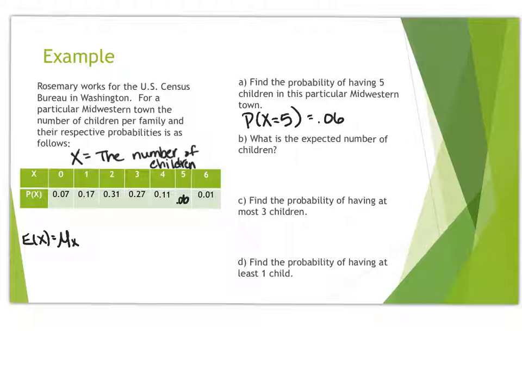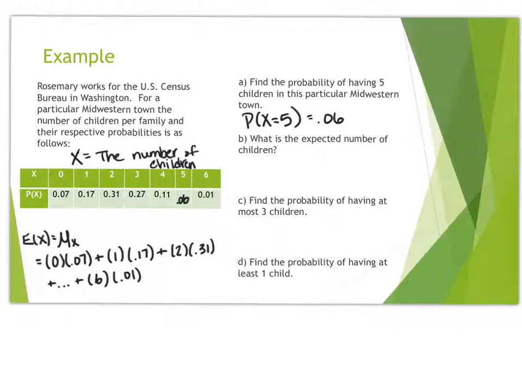This mean, mu of X, is equal to: you take each X, so take the first X, 0, and multiply by its probability, 0.07, plus take the next X, 1, multiply it by its probability, 0.17, plus take the next X, 2, multiply by its probability, 0.31, plus, I'm not going to write all these out, but I'm taking each of these values and multiplying every X by its probability. The very last one would be plus 6 times 0.01.